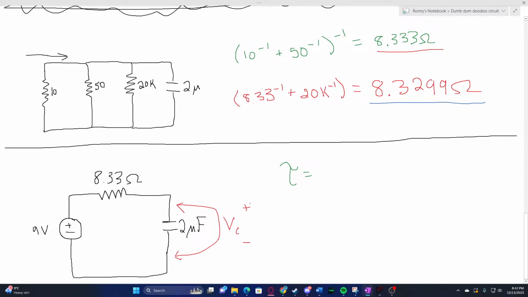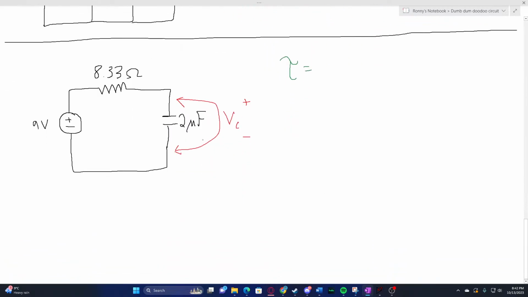When we have a Thevenized circuit, it makes the solution much easier because there's only one resistance in this circuit right now, which is that 8.33 ohms. That R value times our capacitance gives you 16.66 microseconds. And it's that easy for that time constant value.